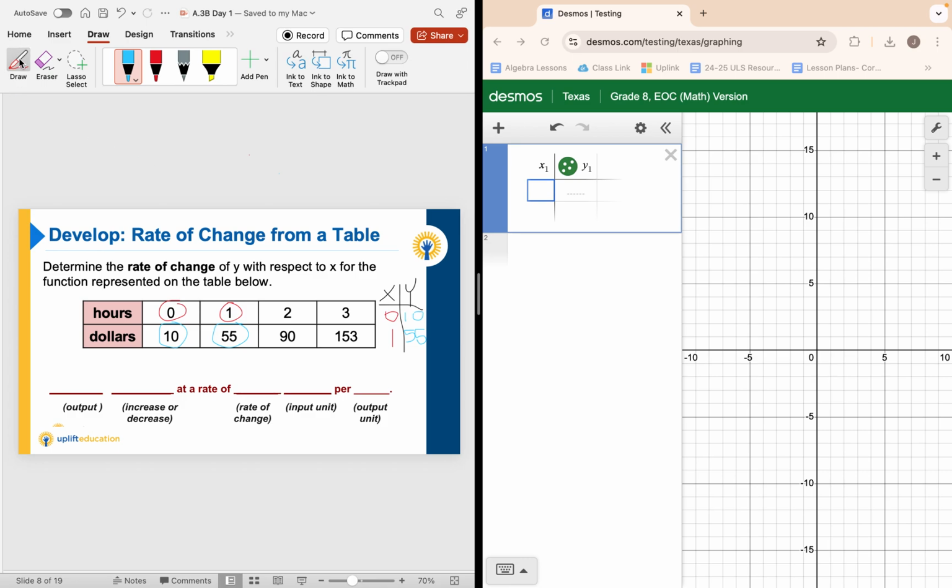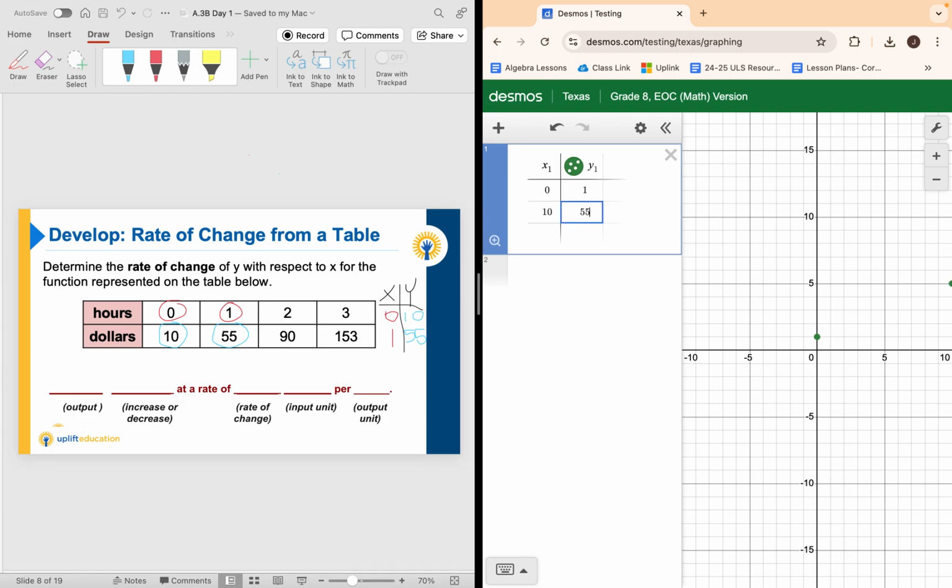What I see students do all the time where we get this wrong is they type the table in the same way it shows us here, and we get this incorrect. Because our 1 is not a y value, okay? It is an output value. So we're going to turn this into a 1. This is actually 10, and that is 55, okay? Same way as our table.